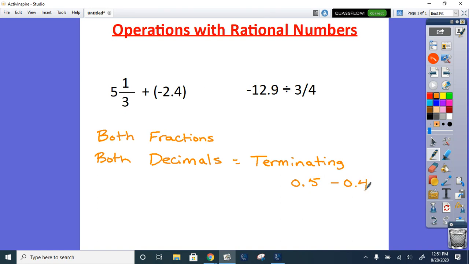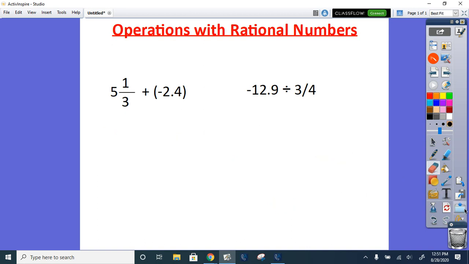We can operate there. If it's a repeating decimal, like 0.16 repeating, we're never going to be 100% exact if we are subtracting, adding, doing whatever to that decimal. Okay? So we need them to be terminating decimals in order for us to operate with both decimals.